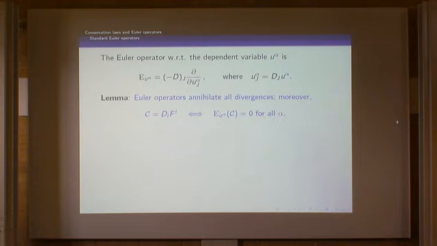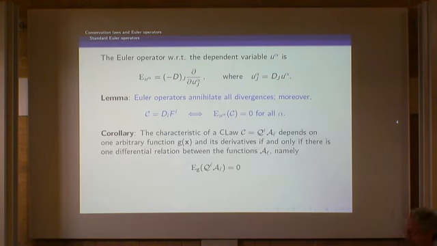That is to say, the application of an Euler operator to a divergence gives you 0, and something is a divergence locally if and only if it is in the kernel of all of the Euler operators, one for each dependent variable in the expression. And so that's a nice little lemma.